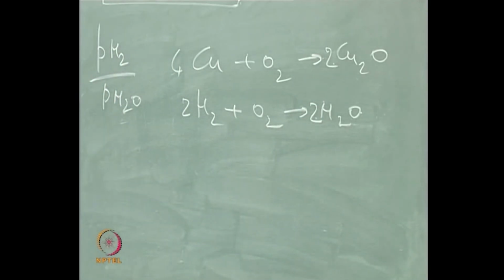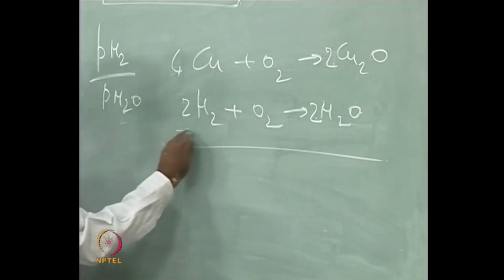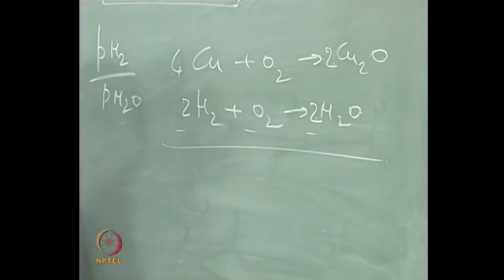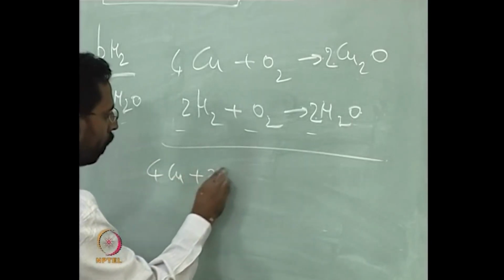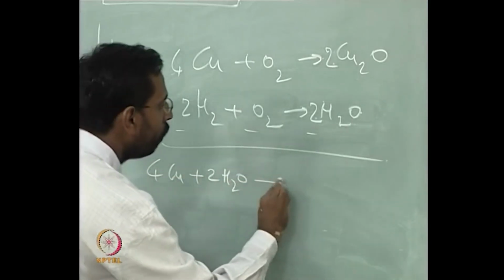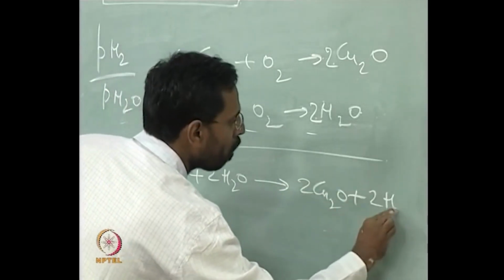Now, look at a combination of these two reactions. If you subtract, you can say that 4 Cu plus 2 H2O will give you 2 Cu2O plus 2 H2.